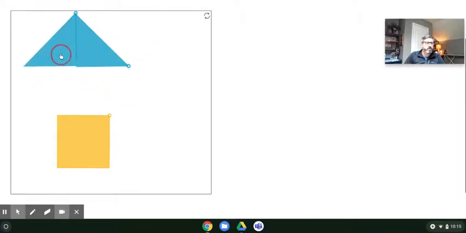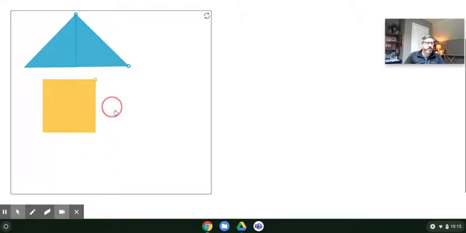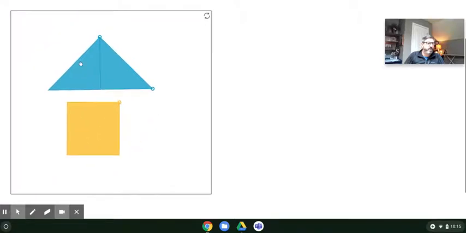We can make a new shape out of them, but the area is still exactly the same, even though it looks different. So if the square has an area of 1, then these 2 triangles put together have an area of 1.